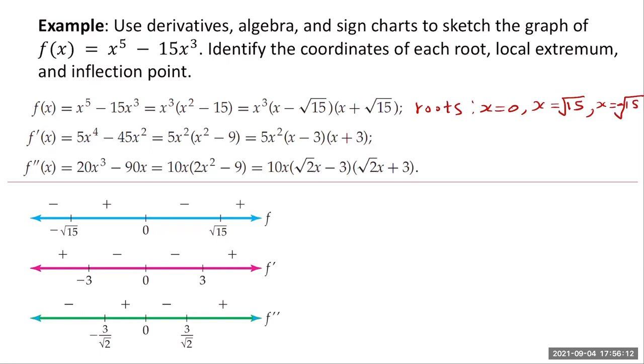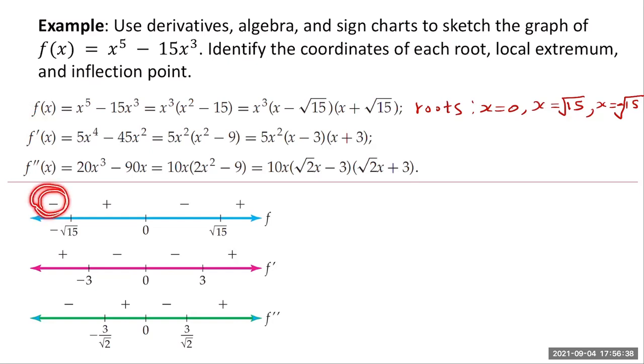Okay, so I'm going to place those numbers on the real number line for f. This is minus square root of 15, 0, square root of 15. Now, to construct my sign chart, I can pick a number from each interval. I pick a number from this interval, let's say, for example, minus 6. You plug that minus 6 into your function, and you will see that you get a negative number.